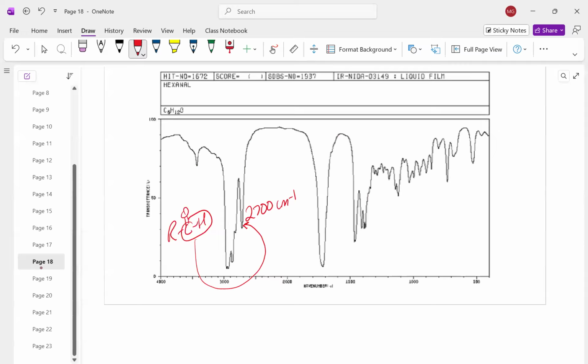And again, how do I know that I got this aldehyde? I should see a carbonyl at around 1700. So I'm combining these two pieces of information here to tell me that I have an aldehyde as a functional group.